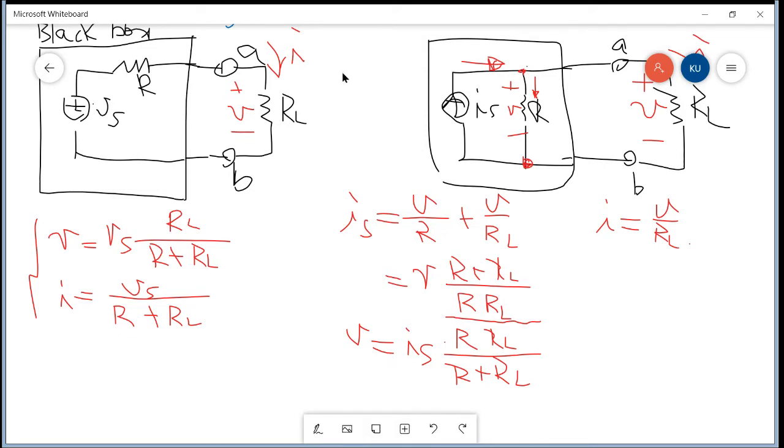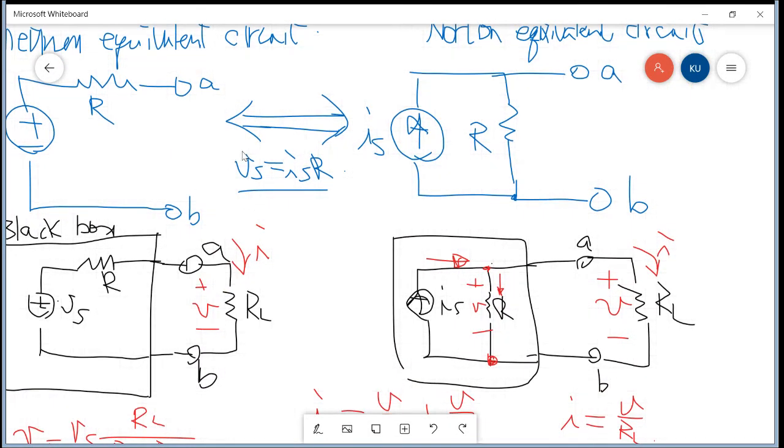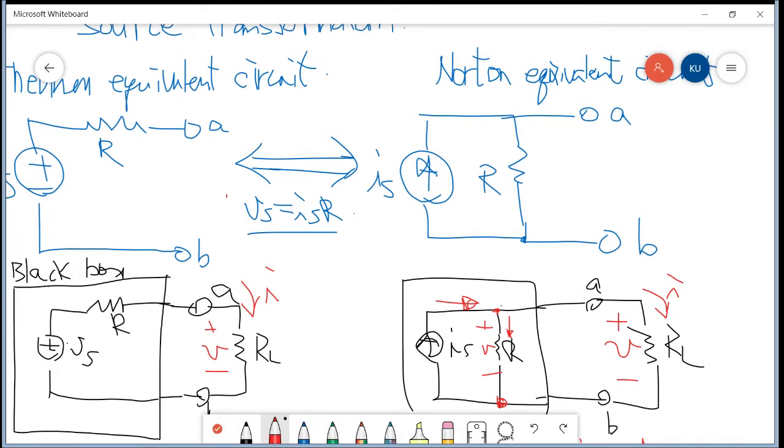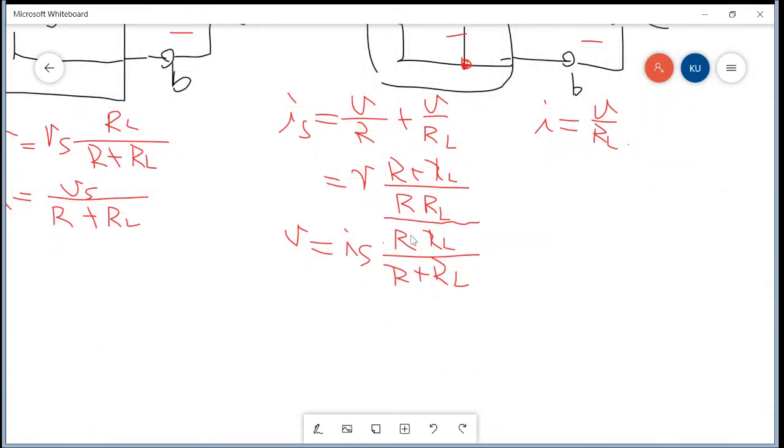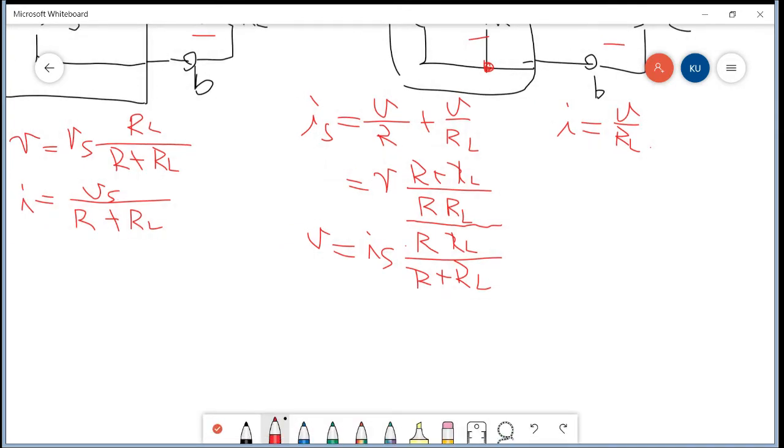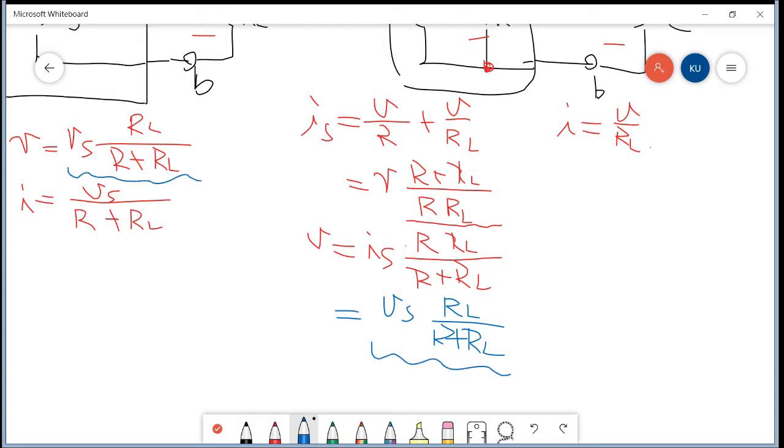And don't forget that we already assume Vs is Is times R. So Is times R is actually Vs. So we have RL over R plus RL. So this one and this one is actually the same.